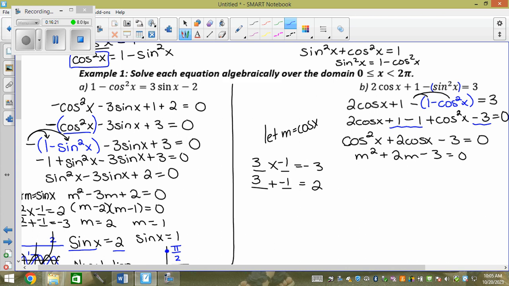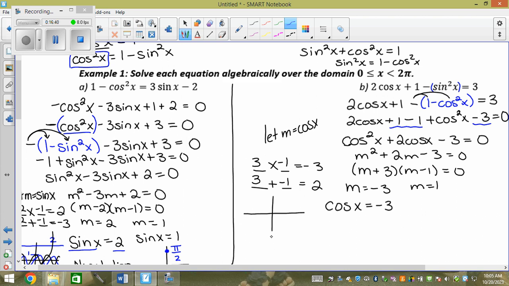I don't have to do decomposition because I have a plus 1 in front. So I get m equals negative 3, m equals 1. Negative 3 is the same, m is cos. Cos x equals negative 3. Am I going to get any solutions from that?